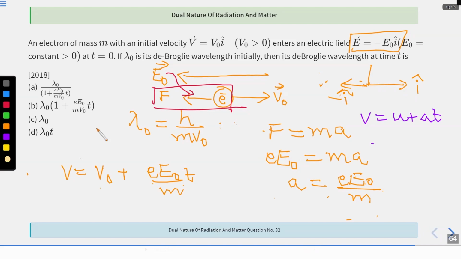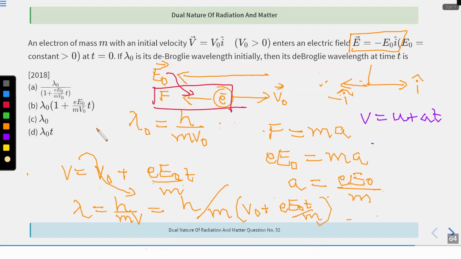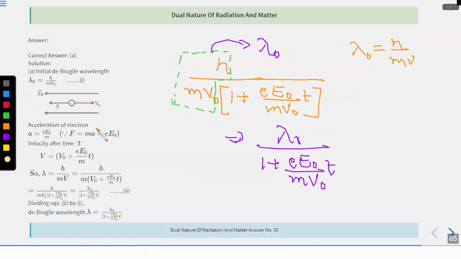Okay. So from here, we also know that our final de Broglie wavelength will be h by m v. So I'll substitute this value in this equation, and I'll be left with h by m into v, which is nothing but v naught plus e E naught t by m.